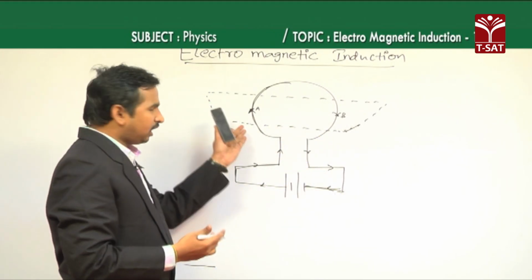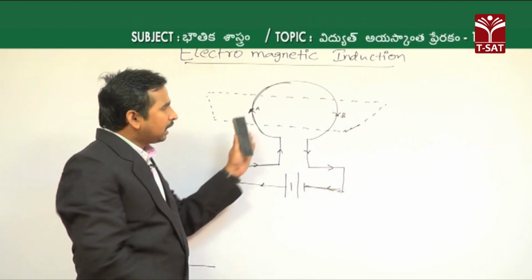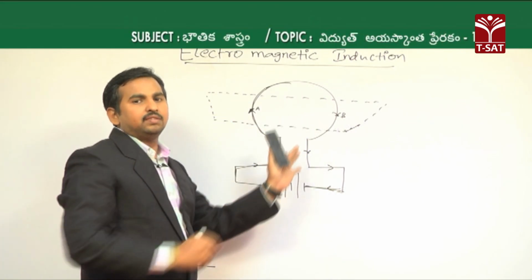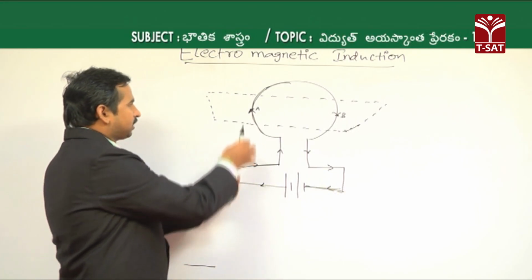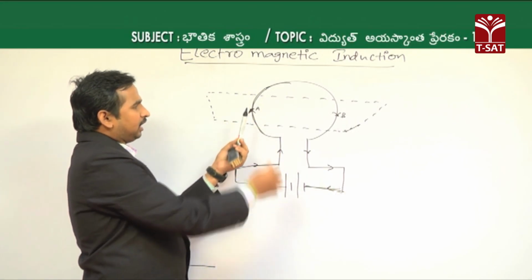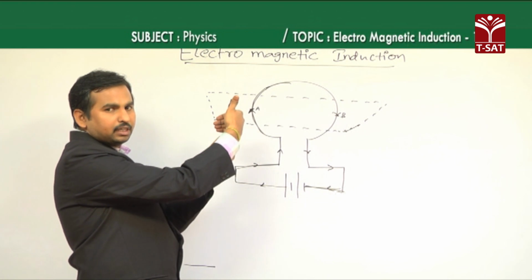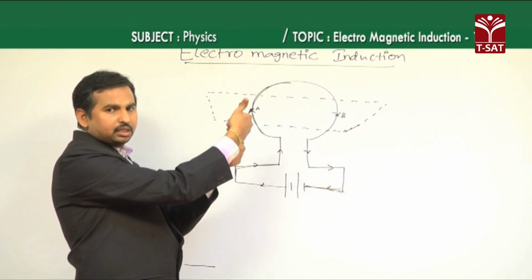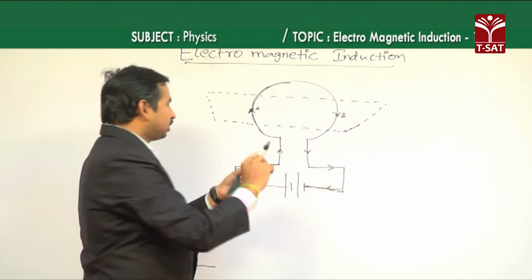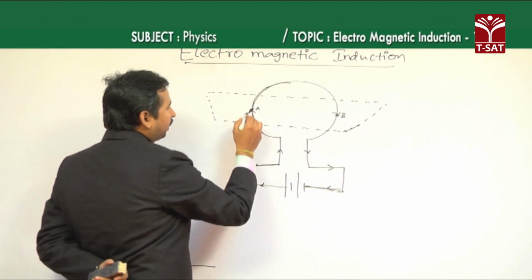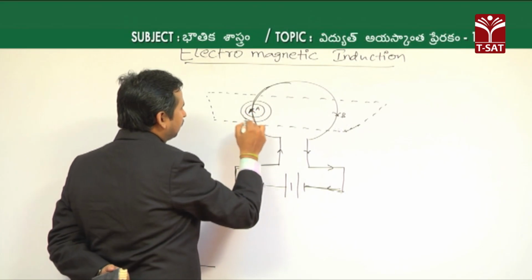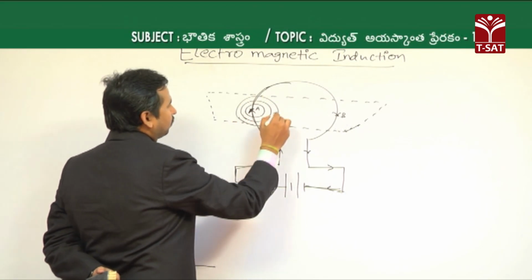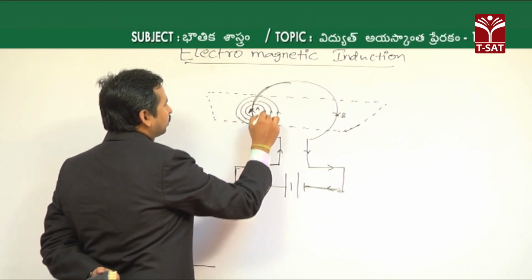At A, out of the plane upwards; at B, into the plane inwards. And we already know that once the current is going upwards out of the plane, we have to curl the fingers in the anti-clockwise direction. Then at this point, the magnetic lines of forces come around like this, in the anti-clockwise direction.